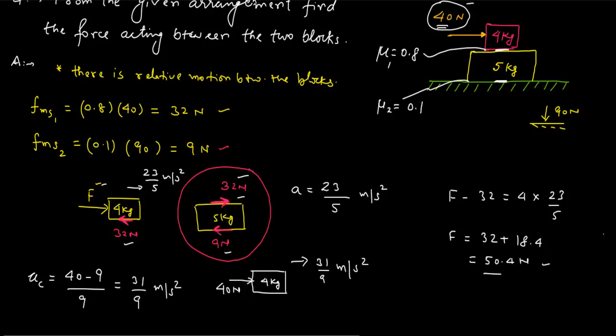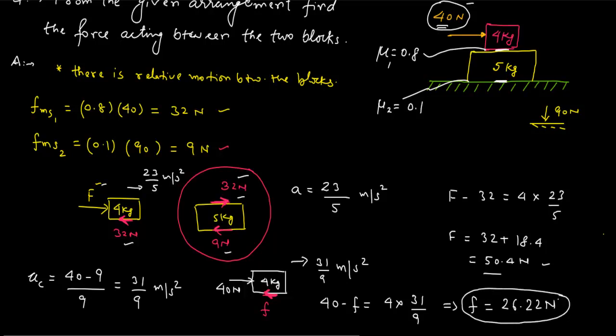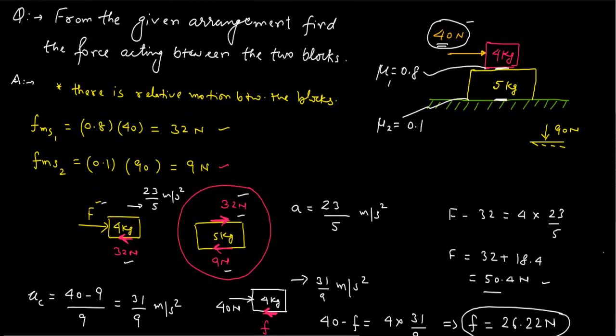We have to calculate the frictional force acting between the blocks, and let this frictional force be F. So if I use Newton's second law, that gives me 40 minus F is equal to 4 into 31/9, and if I solve it, I will get the force of friction between the blocks as 26.22 Newton.